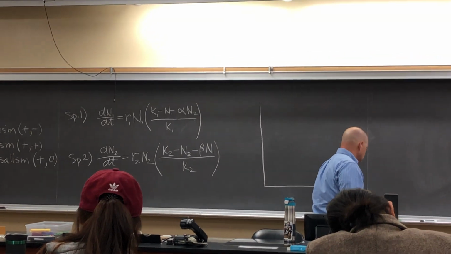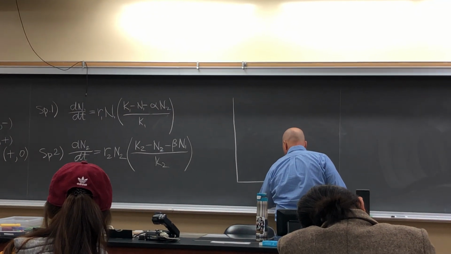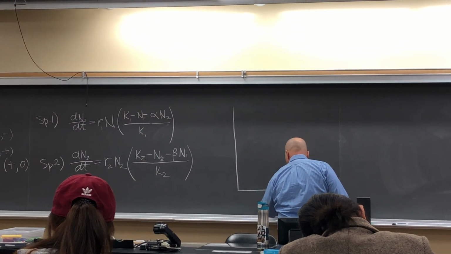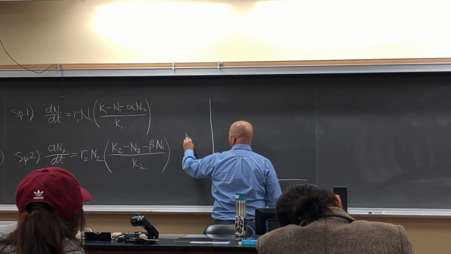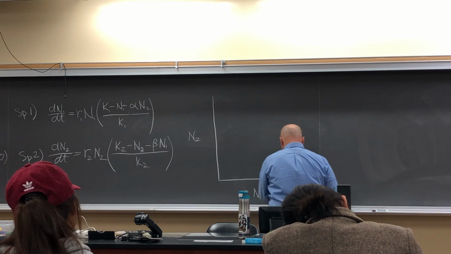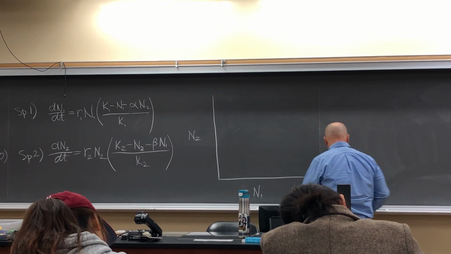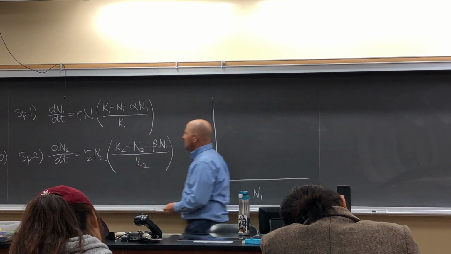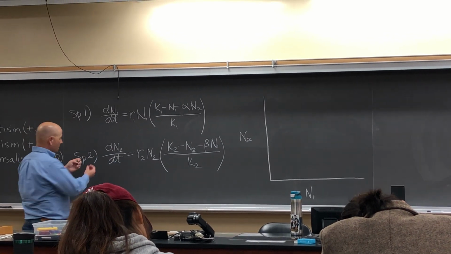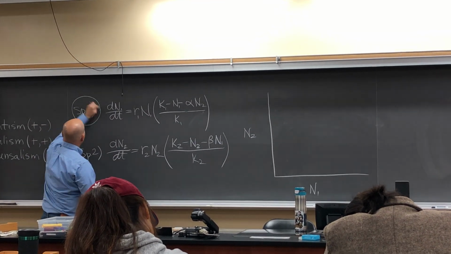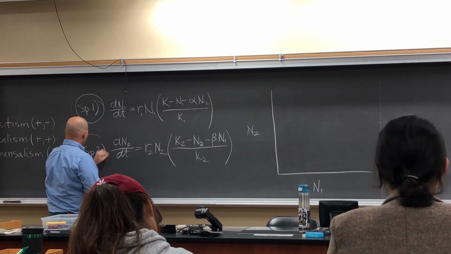So let's look at the possibilities here. So we're going to graph population 1 here, population 2 there. We'll use a couple different colors. You want one to be green or red? Green. All right. So species 1 is green, species 2 is going to be red.